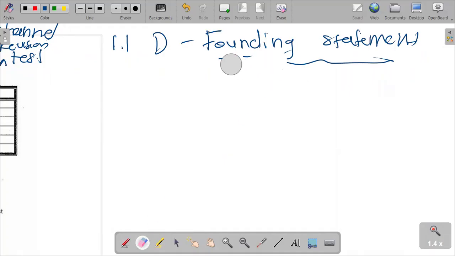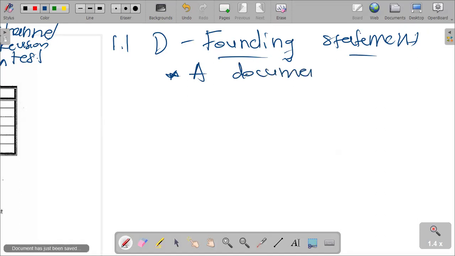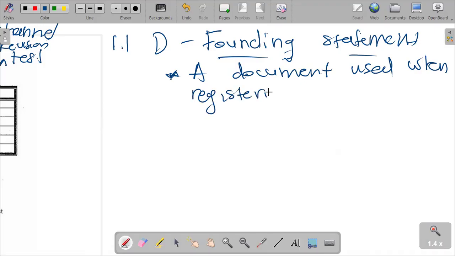So let us now try to figure out what is a founding statement. Basically, a founding statement is a document used when registering a closed corporation.